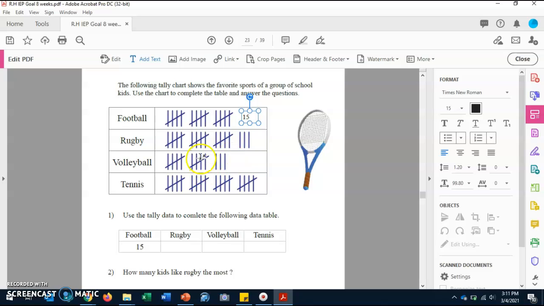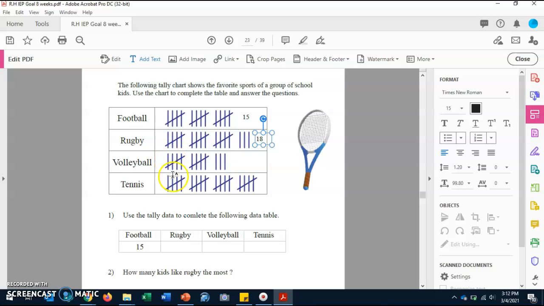love football. Now let's do the same thing for rugby. So we have 1, 2, 3, 4, 5, 6, 7, 8, 9, 10, 11, 12, 13, 14, 15, 16, 17, 18. So we're going to put in 18 for rugby.